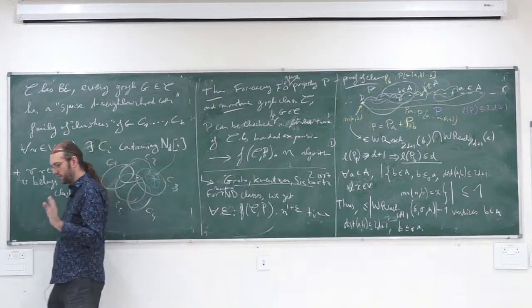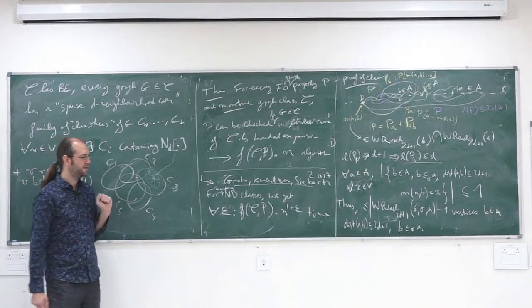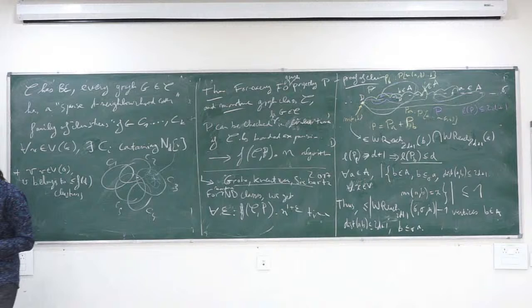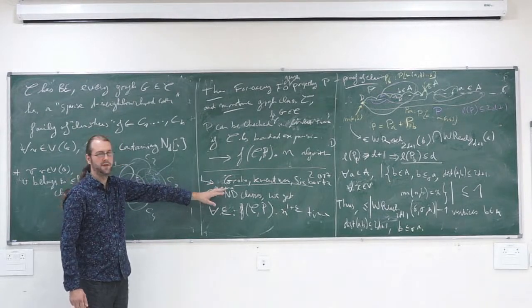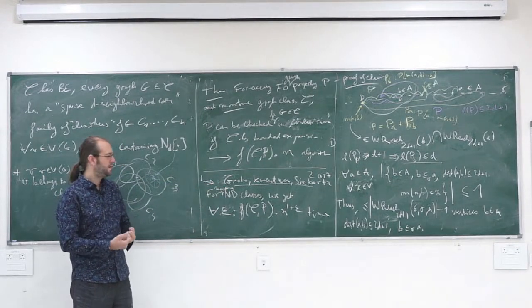You only require that you're stable by deleting vertices. So this is what hereditary graph classes are. Monotone is a stronger property.